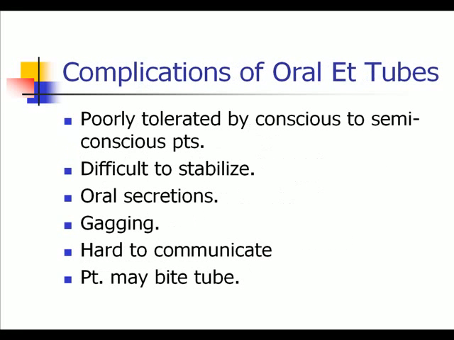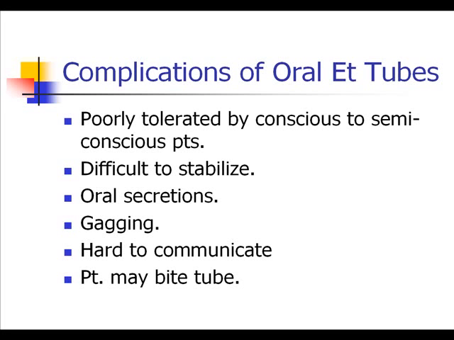Other complications of ET tubes are sometimes they're poorly tolerated by conscious to semi-conscious patients. They can be difficult to stabilize, especially if patients are trying to grab at the tube to extubate themselves. The oral secretions may require frequent suctioning. Some people feel as though it's gagging them because of the tube passing down through the back of their throat.